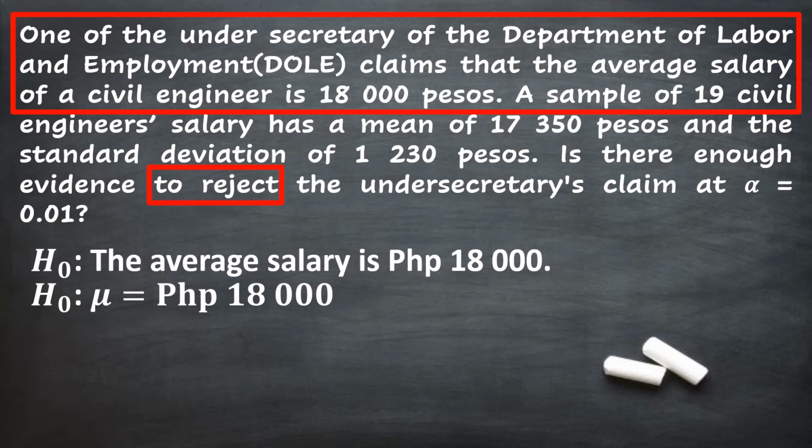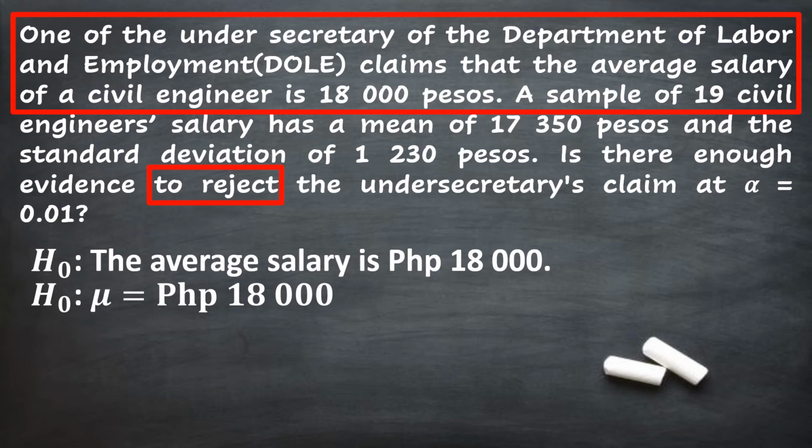And then for the alternative hypothesis, our clue is just the phrase to reject. So, we don't know if it is greater than or less than 18,000 pesos. So, we just use the not equal symbol, or we just negate the null hypothesis.